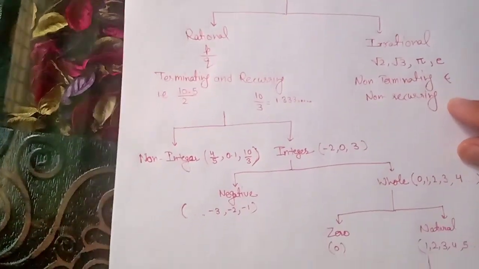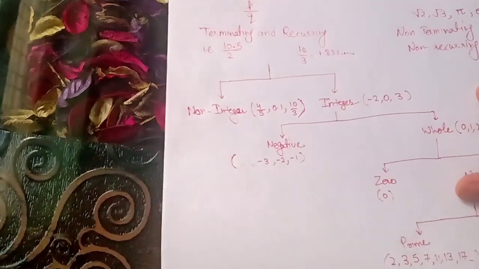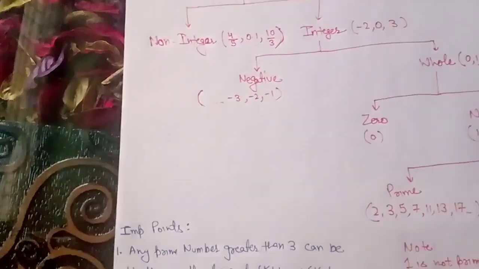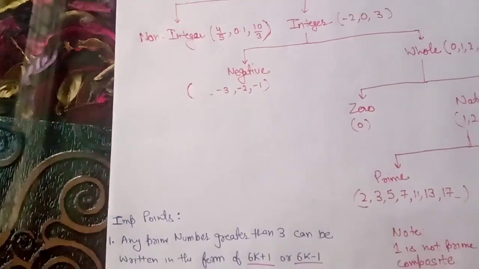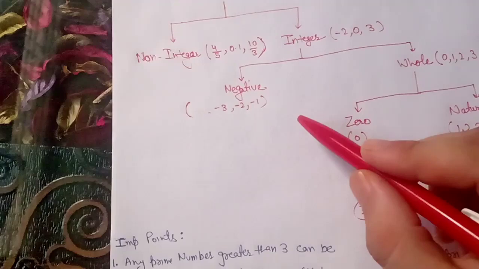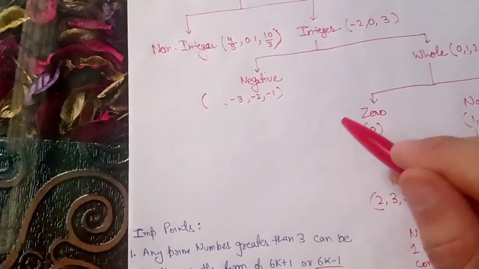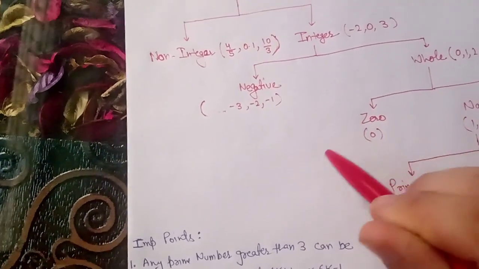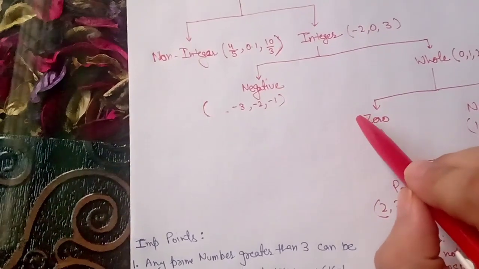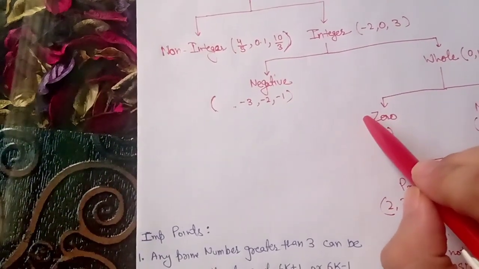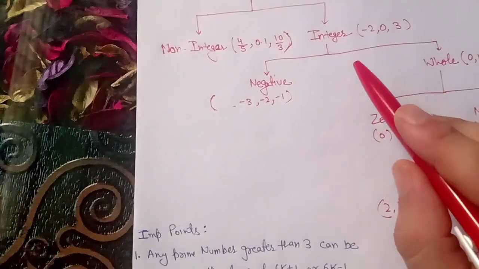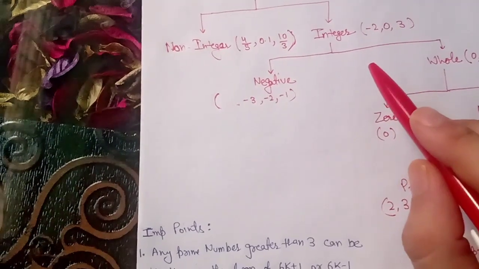Now rational numbers are of two types, integers and non-integers. What are integer numbers? Integer numbers are basically, if you represent the integers on a number line, starting from 0 to the positive side, that number is a positive integer.